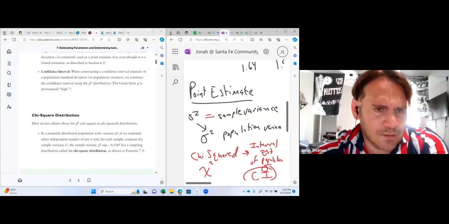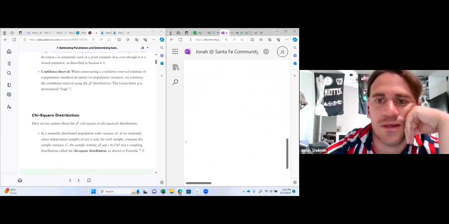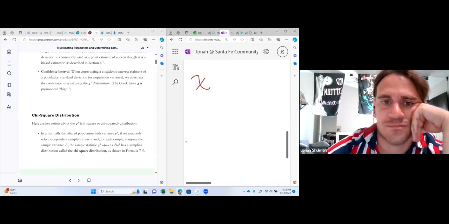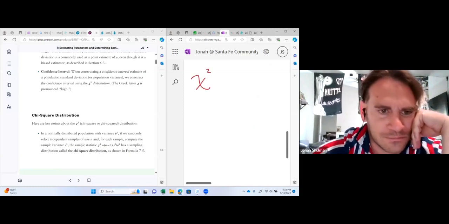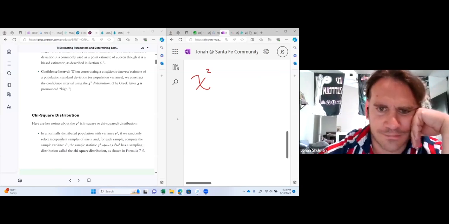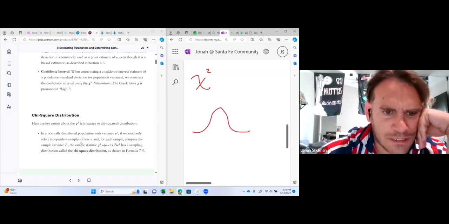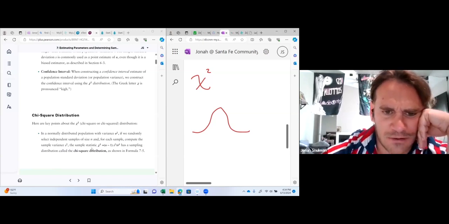All right. So here, this is what a chi-squared is. You know, crazy simple. So the chi-squared distribution, a normal distribution with a variance of this. Randomly select independent sample sizes of n for each sample, compute the sample variance. The sample statistics now, here it is.